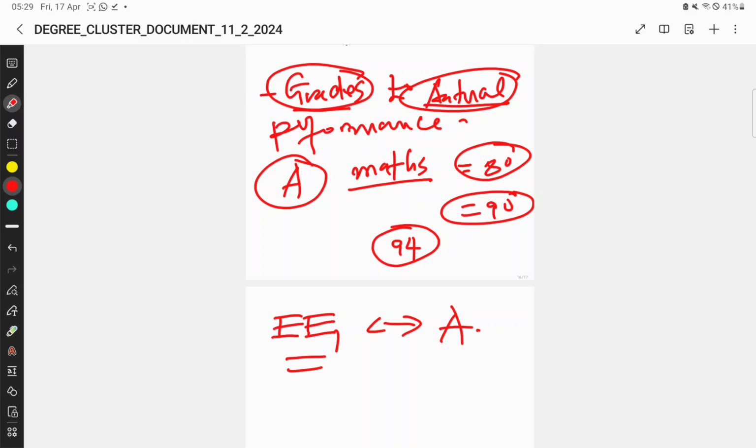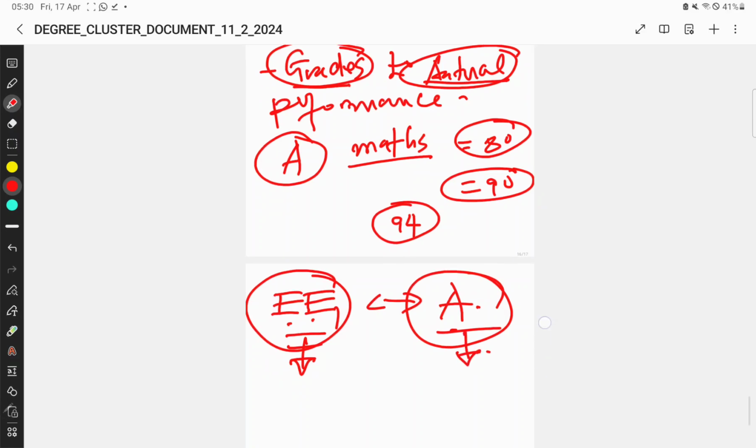Why? Because you cannot have a breaking point if you are only considering a grade. This is a grade, only that this is now EE1 and this is grade A. We must narrow down and see what did this student score in this, what did this student score in this.